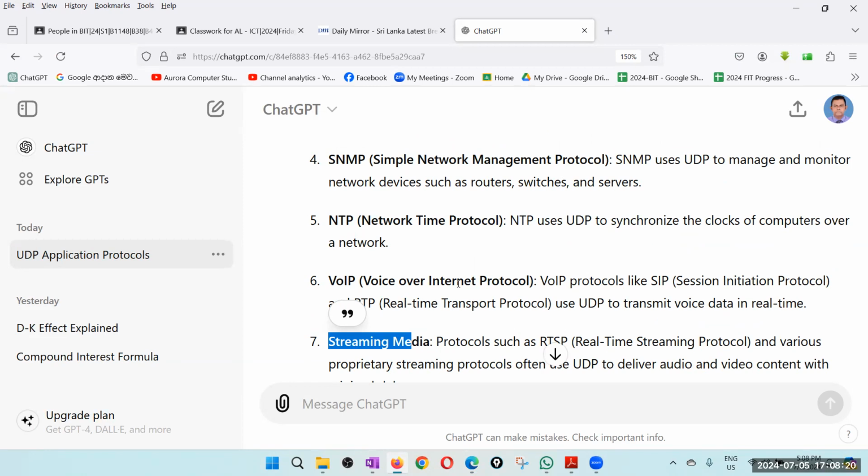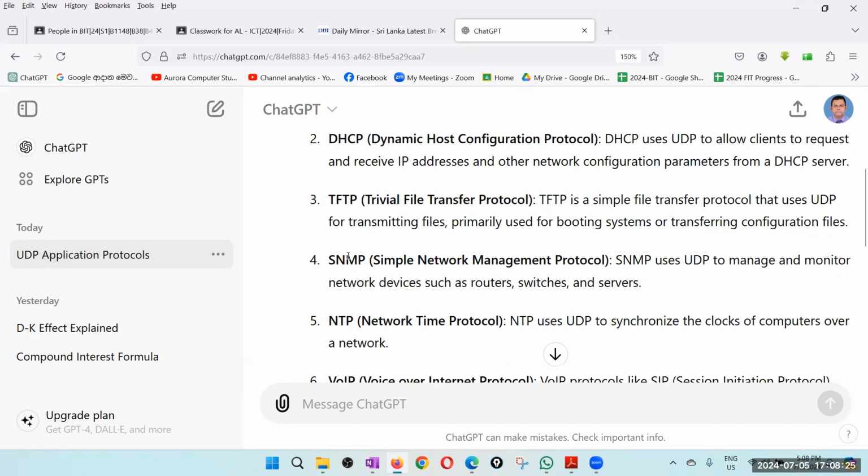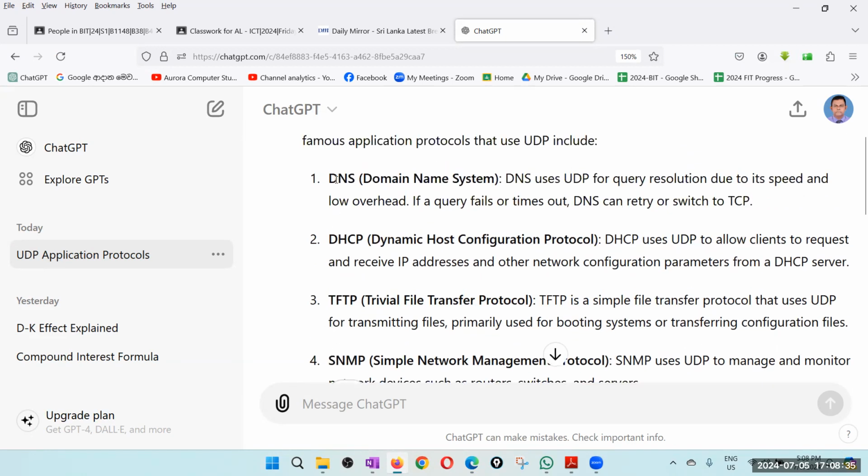Network management applications like SNMP and NTP use UDP. When it comes to domain name translation and IP address related things, DNS and DHCP use UDP. All others, that is HTTP, FTP, SMTP which is email, POP, IMAP, all other serious applications use TCP.